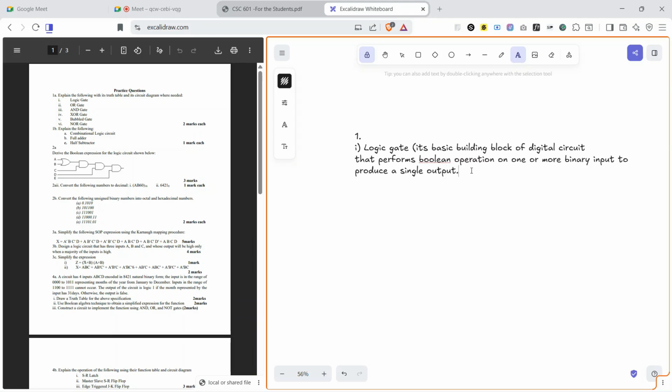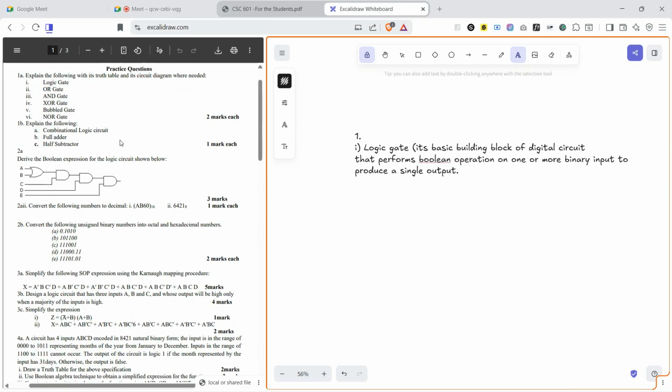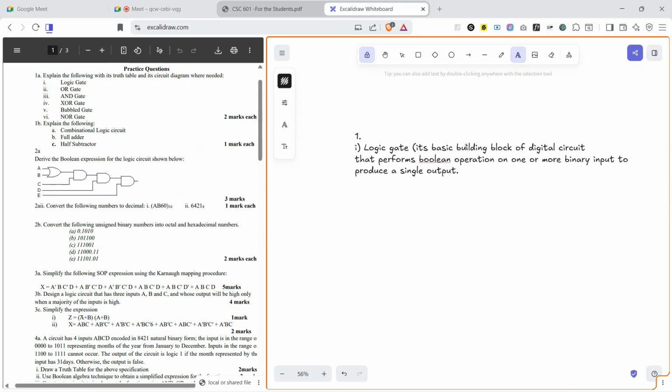So that is what a logic gate is, and examples of logic gates are AND gates, OR gates, and the likes. So that is number one.